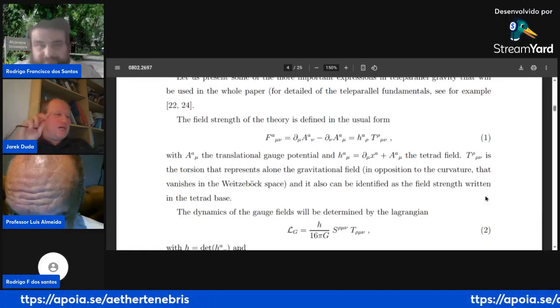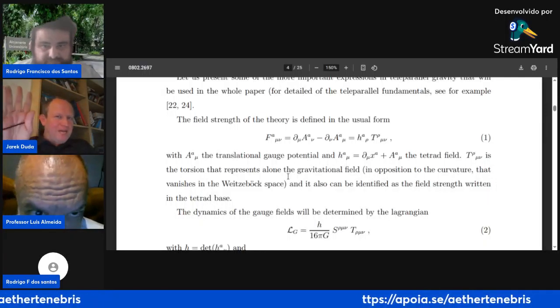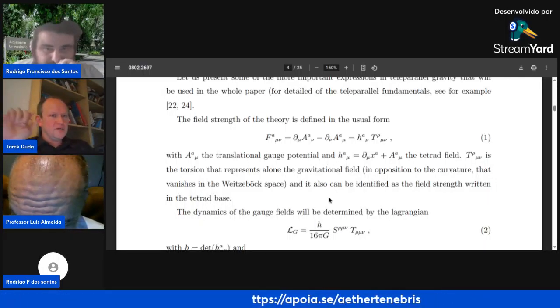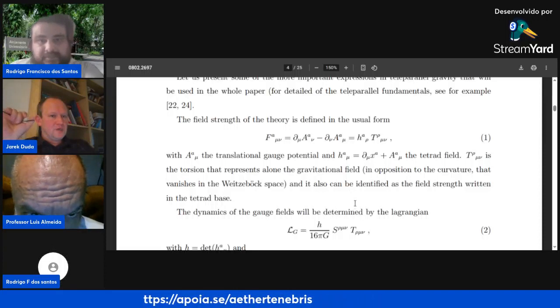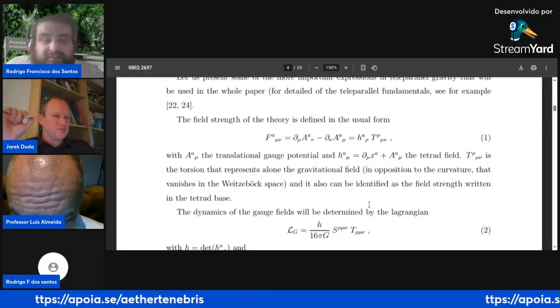In my view, A is the connection, approximately the exponential of the connection, and the curvature is F.